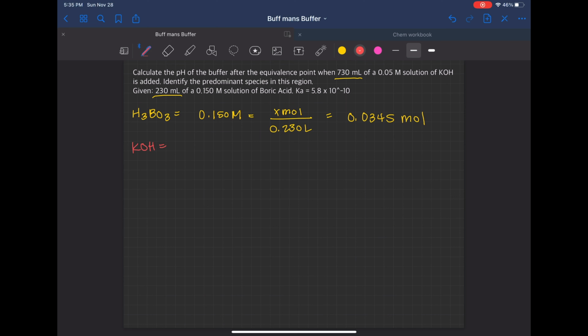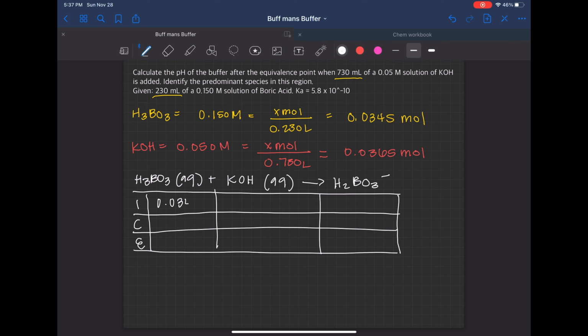We're going to do the same thing for potassium hydroxide given 0.050 molar. We're going to equal it to the X mole that we're trying to find and our 0.730 liters that we converted from milliliters by dividing by 1,000. And that is going to give us the X value of mole that we're trying to find, which is 0.0365 mole.